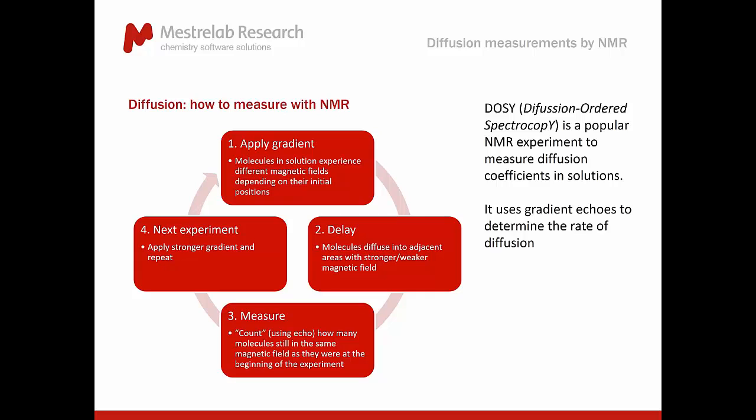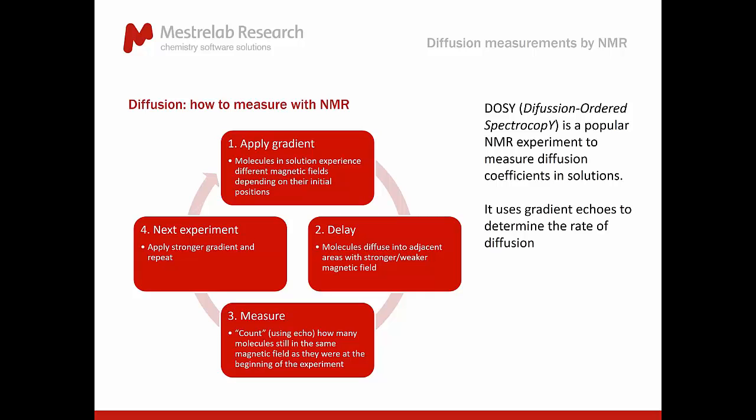So that's one measurement. What we can see is that our signal will slightly decay from the initial signal we can observe in the NMR spectrum. And why does the signal decay? Because some of the molecules move away and they never refocus by the gradient echo. And then we repeat this experiment. We can repeat it by increasing the delay, letting the molecules move a little bit further away.